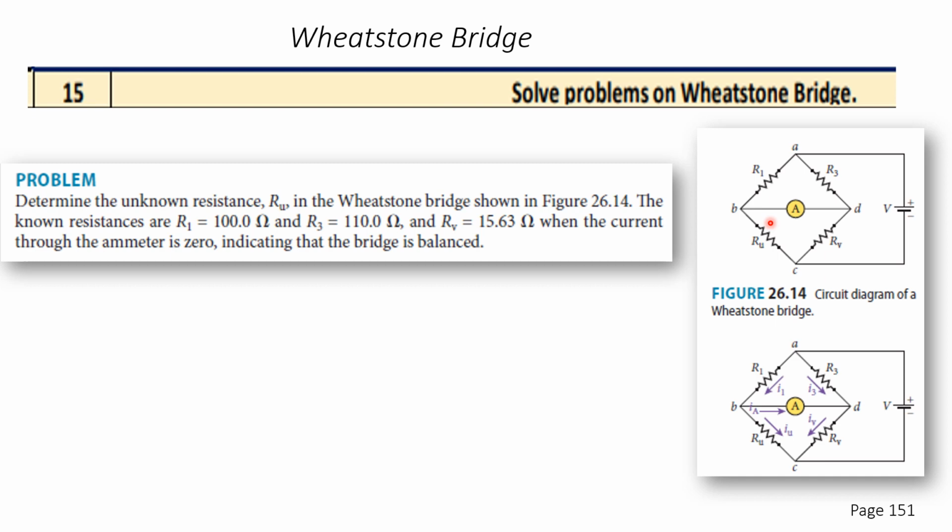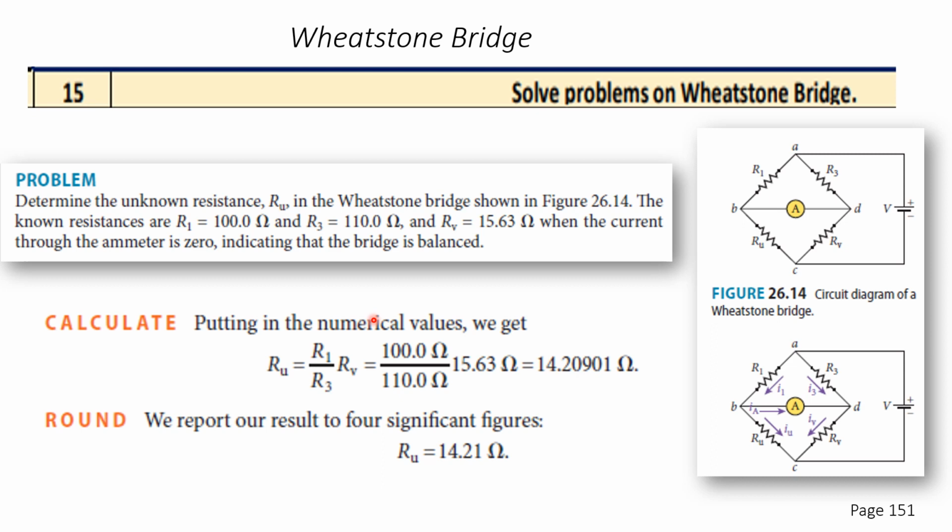So you need to apply the equation where Ru is equal to the division between the two resistances on the other side: R1 divided by R3 multiplied by RV. That would be the value of Ru. It's 14.2 ohm.